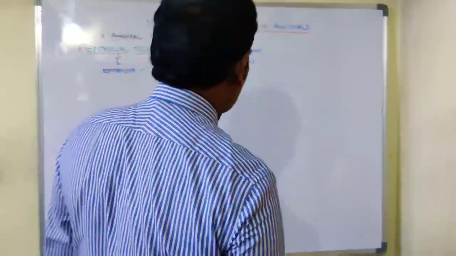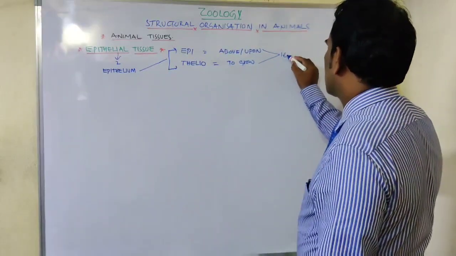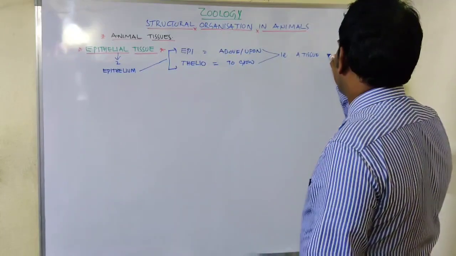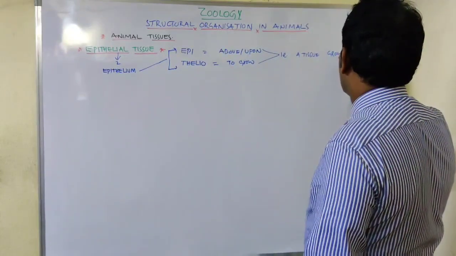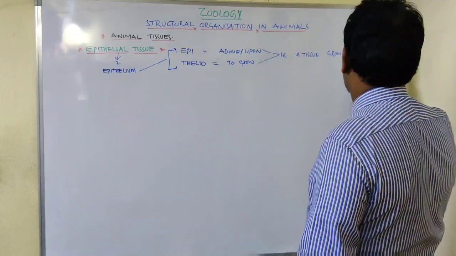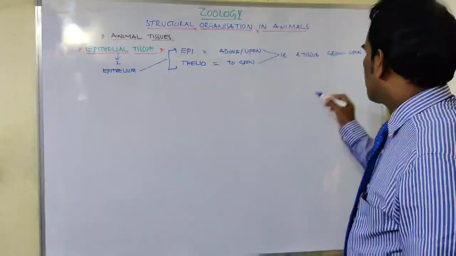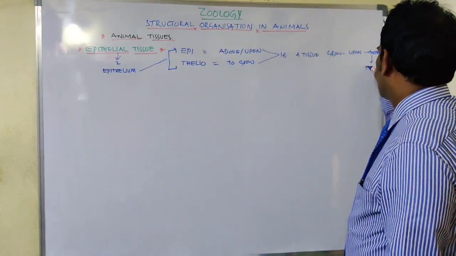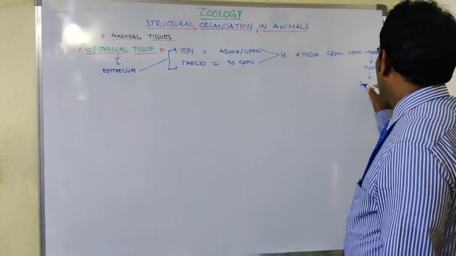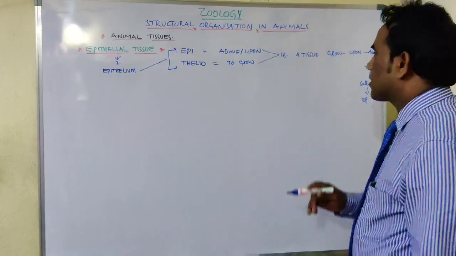That means a tissue which grows upon another tissue is called epithelial tissue or epithelium.